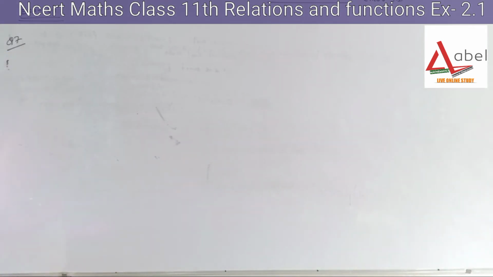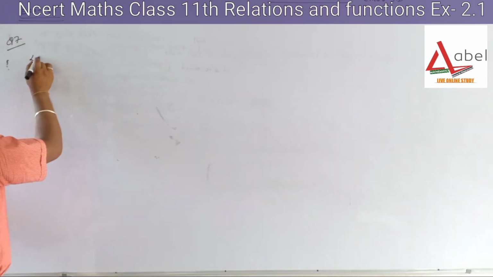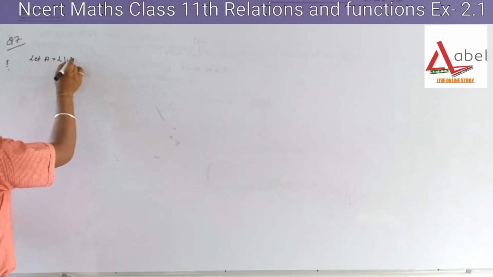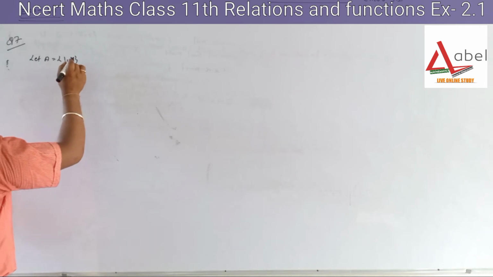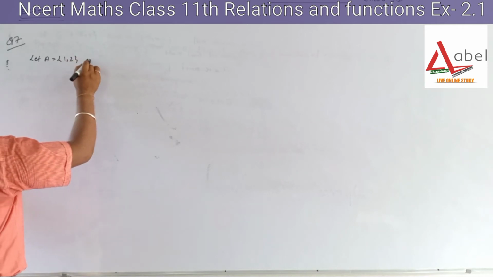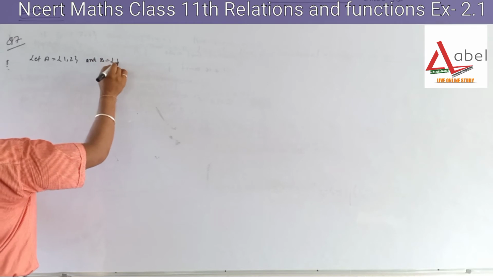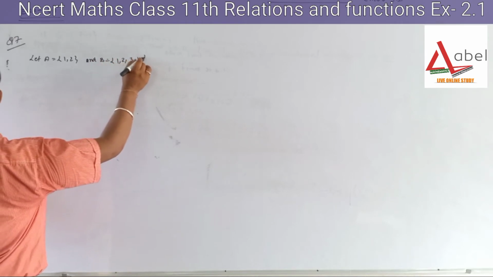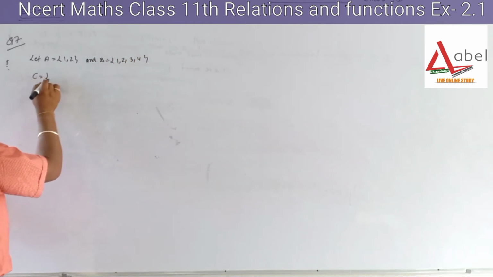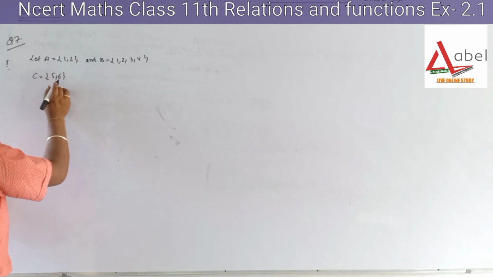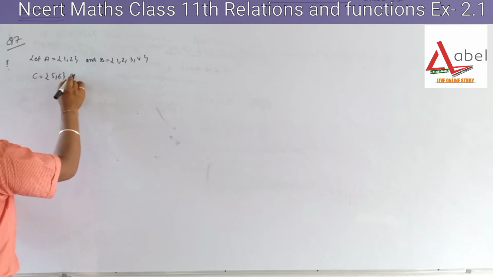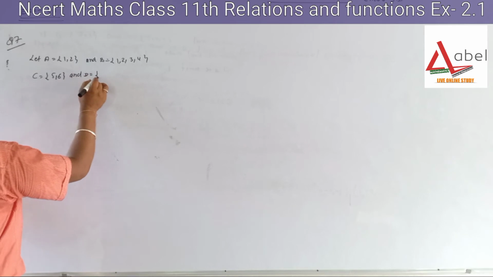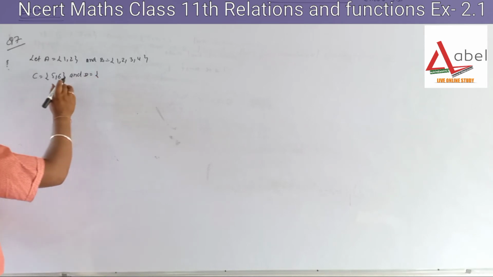Question number 7 is: let A equal {1, 2}, let A equal {1, 2} and B equal {1, 2, 3, 4}, C equal {5, 6} and D equal {5, 6, 7, 8}.